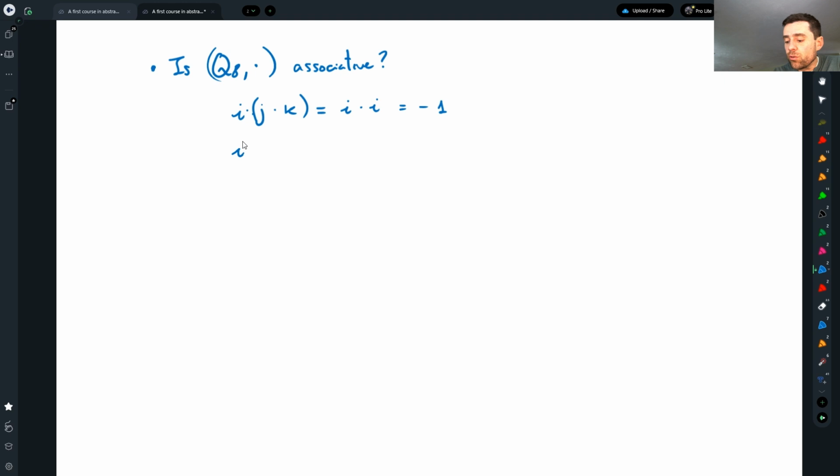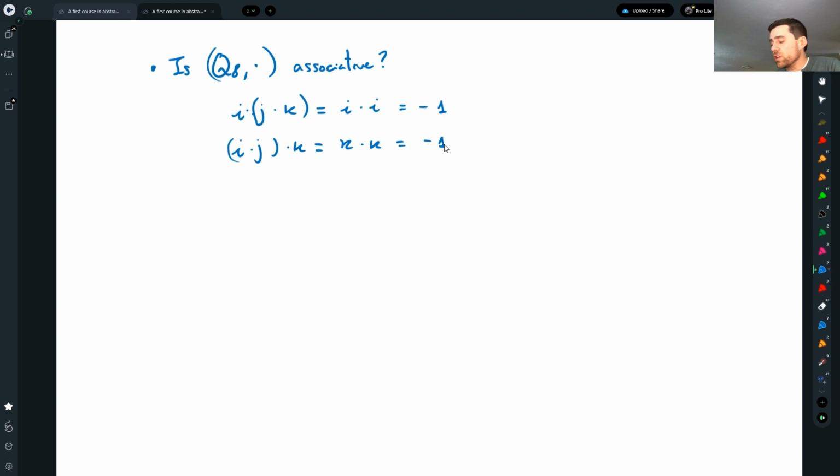What happens if I do (i times j) times k? Then I get i times j is k, and k times k will also give me minus 1, because k squared is minus 1. So this is just one example, and you could try to do all the possibilities of i's, j's and k's and check that (a times b) times c equals a times (b times c).